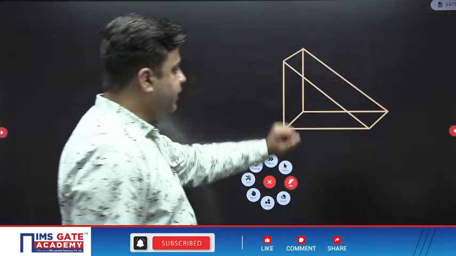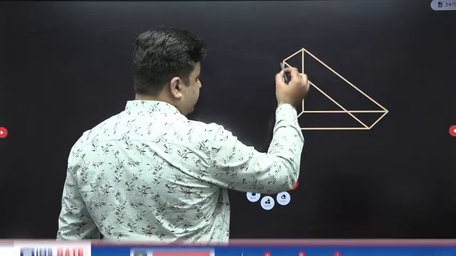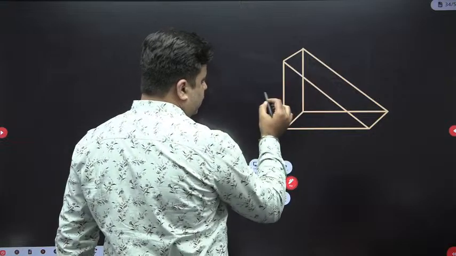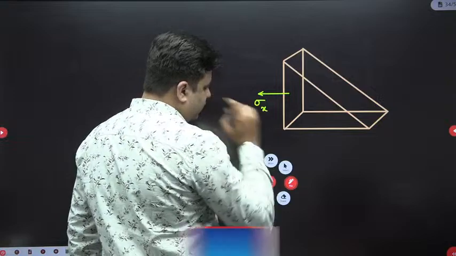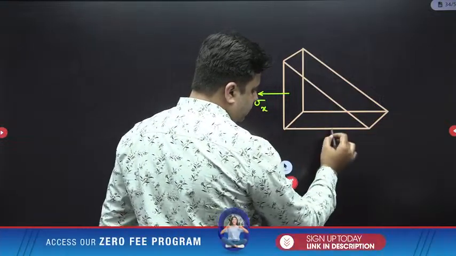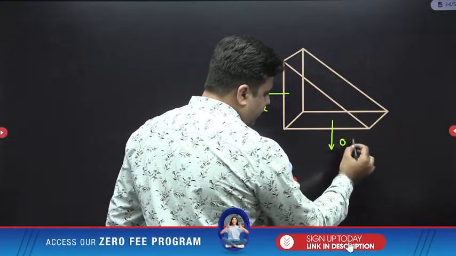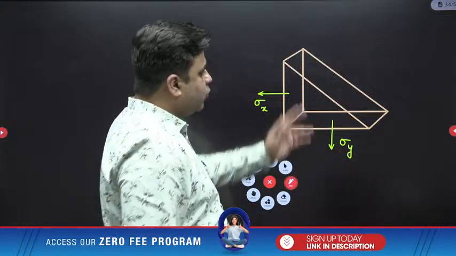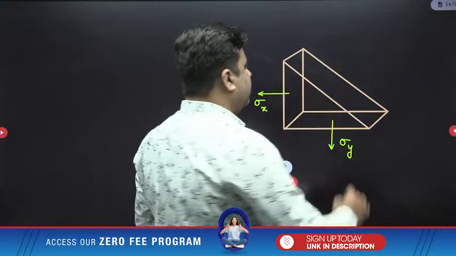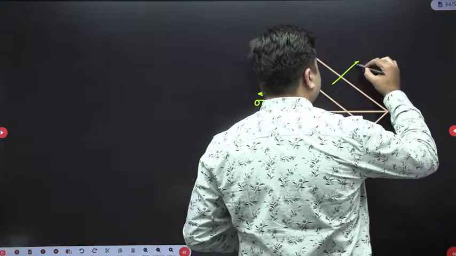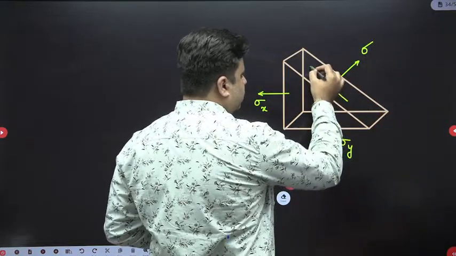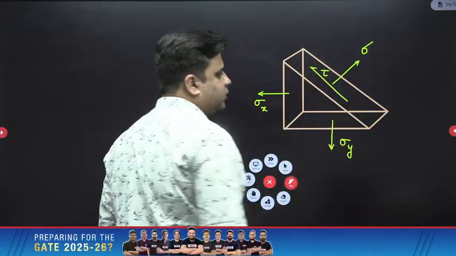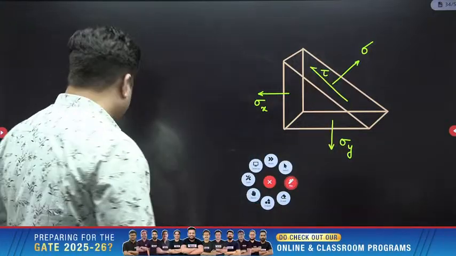For this plane lamina, on this particular plane, your sigma x is acting. Sigma x is acting like this. On this particular plane, this bottom plane, sigma y is acting. And over this inclined plane, you have a normal stress of sigma n and a shear stress of tau, right?